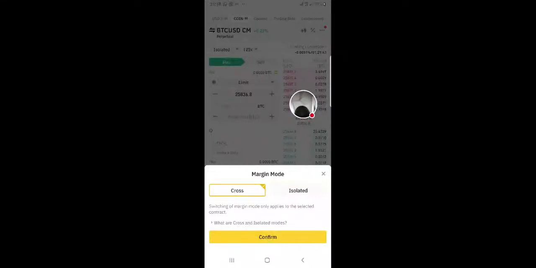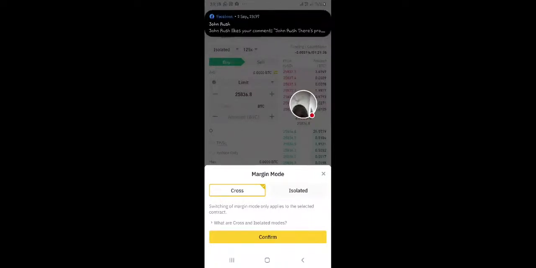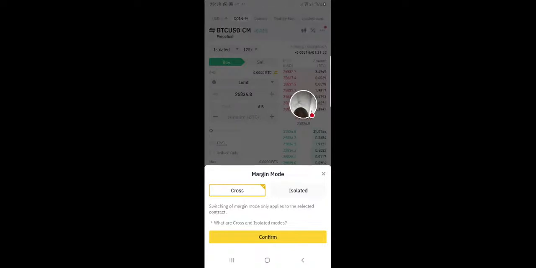And it is advisable that we should trade using isolated mode as a beginner, while cross is meant for professionals. When we get to where we use cross, I'll tell you.